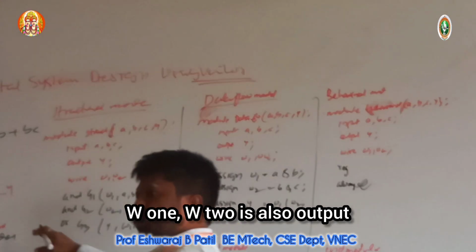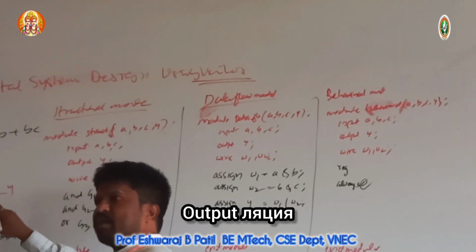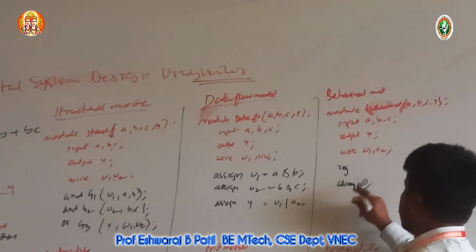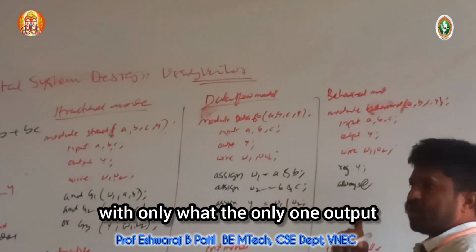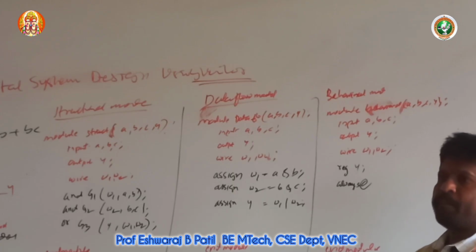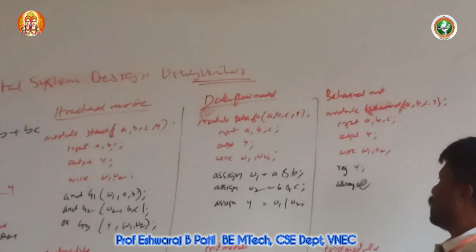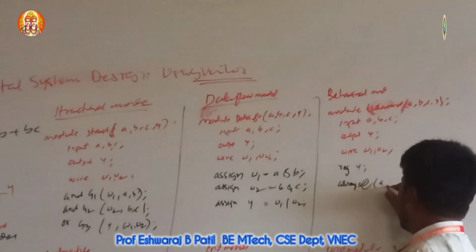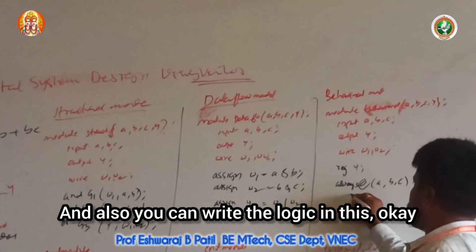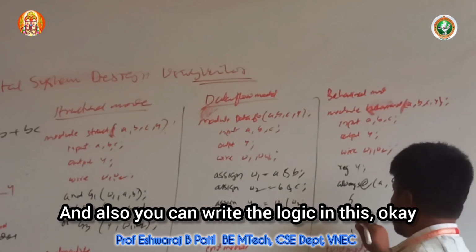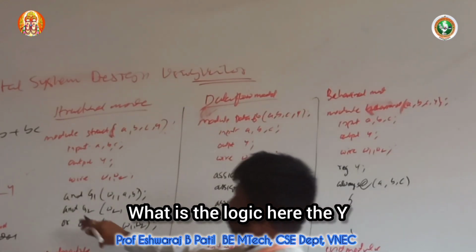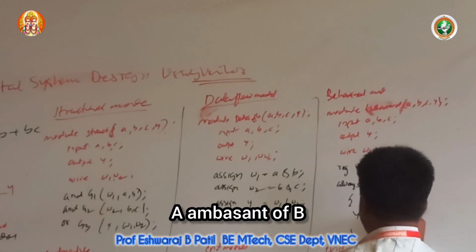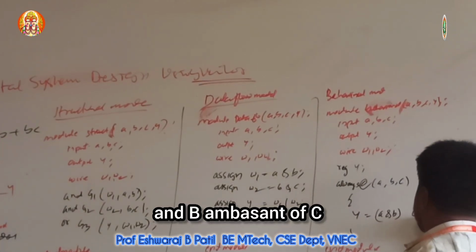W1 and W2 are not outputs, they are wires, because reg is used with only one output, that is Y. For always at the rate, you have to write only the inputs, which are A, comma B, comma C. And also you can write the logic in this. What is the logic here? Y equals A ampersand B and B ampersand C.